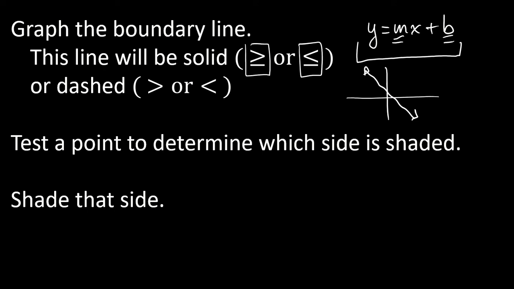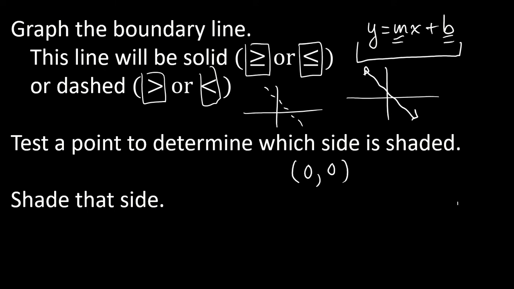And we'll contrast that with strictly greater than or strictly less than, where we're going to have boundaries that are not solid. They'll be dashed boundary lines, just meaning that the boundary is not included. Points on that line are not solutions. The next thing we should do is test a point to determine which side is shaded. If the graph is not going through the origin, one of the easiest points you can test is 0, 0, so I recommend testing the origin if that's possible.